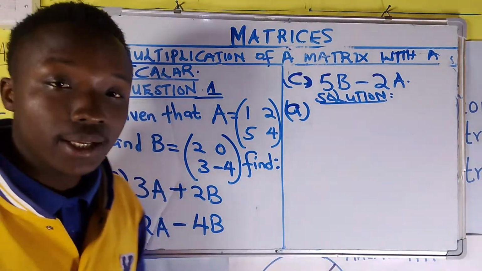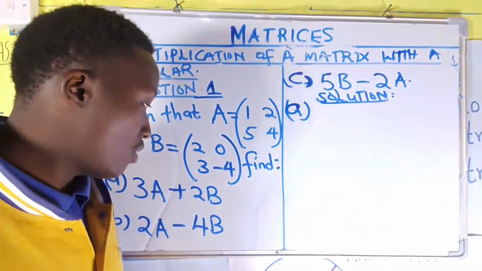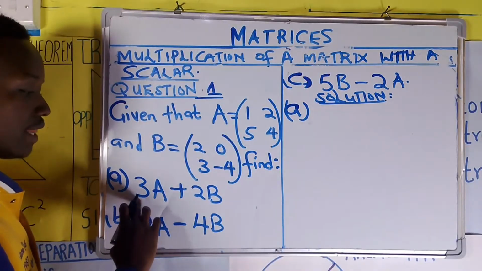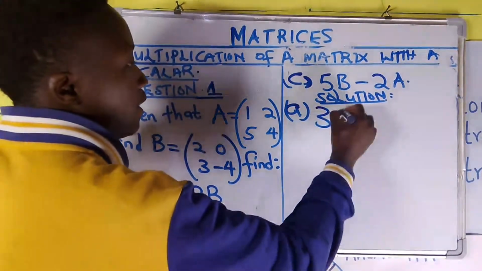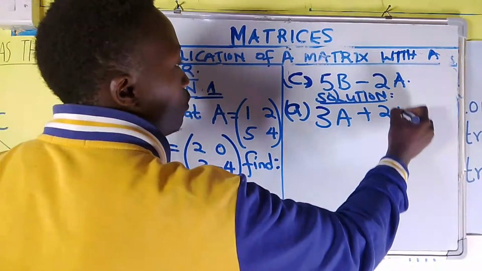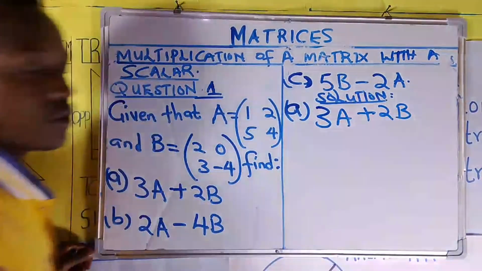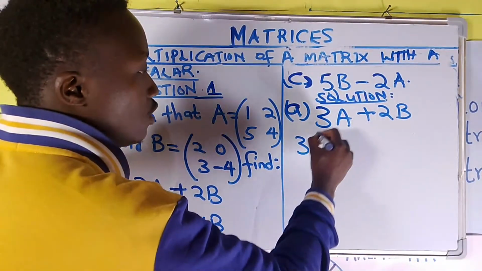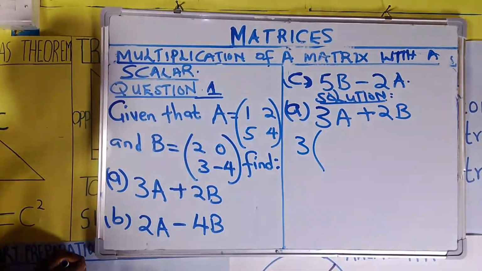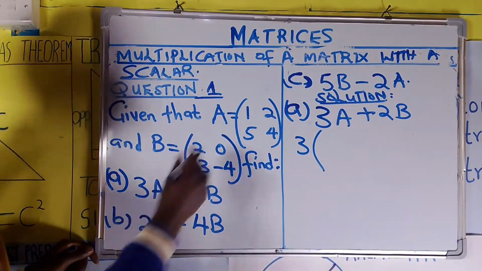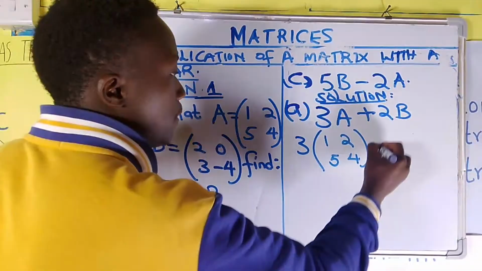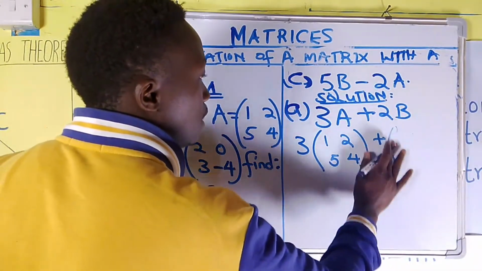Hizi zingine mbili ni wewe upambane nazo, si ngumu. So tufanye ya kwanza. The first question is 3A plus 2B. Just as it is, tutachukua 3 tuweke A. Where is our A? Our A is 1, 2, 5, 4, plus 2.